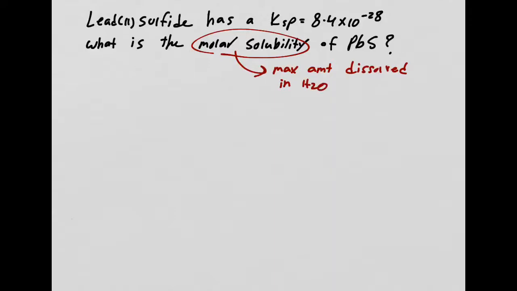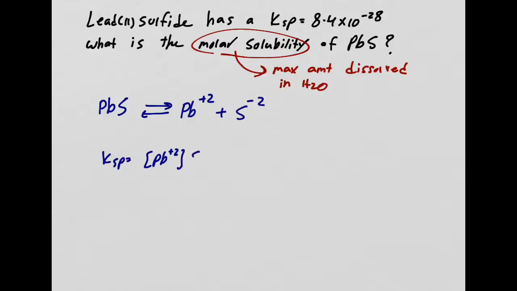Now, every time you have Ksp, and I want you to do this every time, you go, all right, I have a PbS. I'm going to write down the equilibrium equation. Some of it will break up into Pb plus 2 and S minus 2. Okay. And my Ksp is going to be the concentration of lead ion times the concentration of sulfide ion.